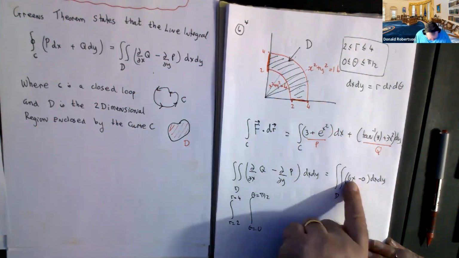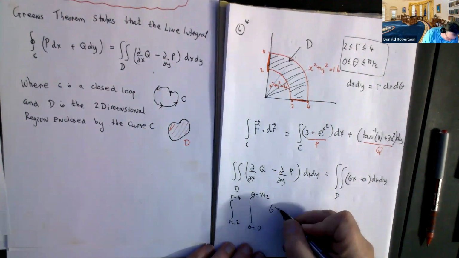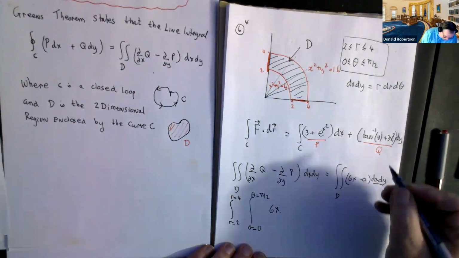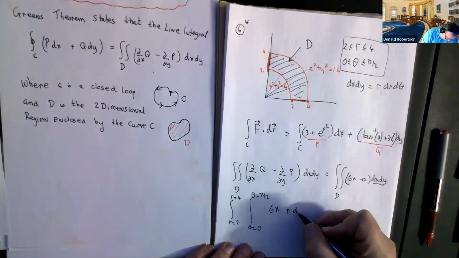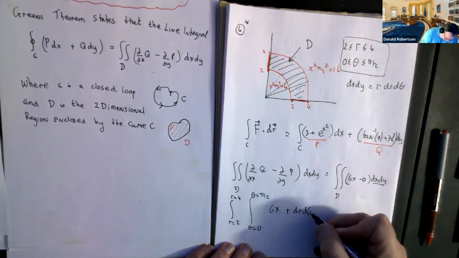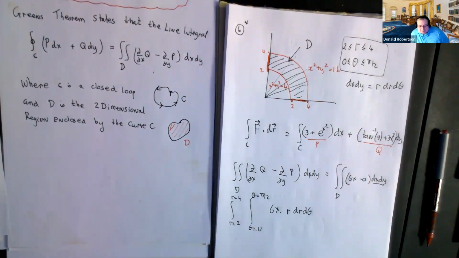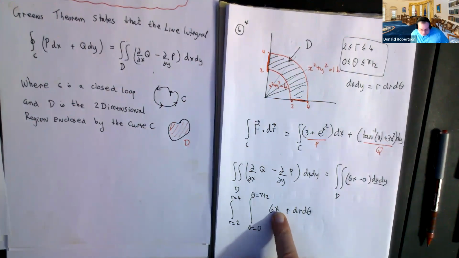This expression here just ends up being 6x. And the dx dy gets replaced by r dr d theta. Now, the only piece that I haven't converted into polar is that x.